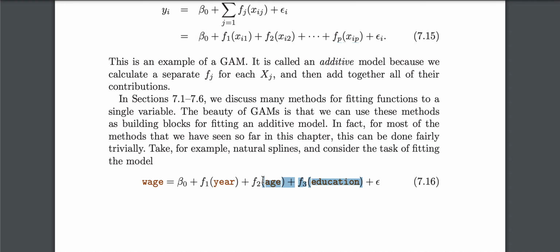So our underlying modeling assumption is that this is additive, that there is no interaction, but we don't necessarily assume that the relationship is linear. Okay, so you see the difference? We relax the linearity assumption. We still assume there is no interaction. And we allow that nonlinear relationship to be anything. And we can use a spline, for example, to fit it.